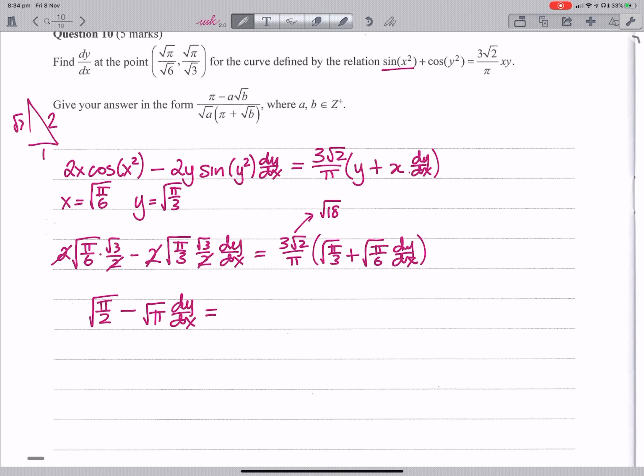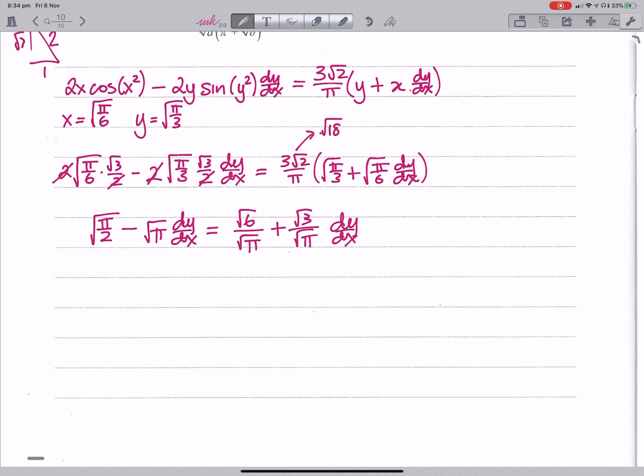So I get root 18 on 3, which is root 6. And then I get root pi on pi, which is root pi on the bottom. So root 6 on root pi. And then plus root 18 on pi times root pi on 6. I'm going to get a 3 on top and a root pi on the bottom, dy dx.